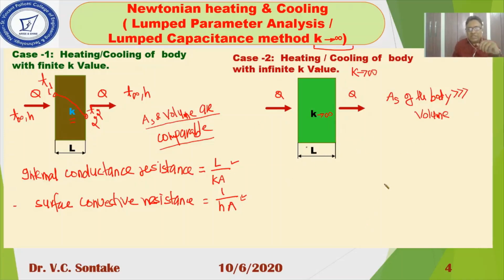Now under such conditions, what happens when the body has infinite thermal conductivity and its surface area is very large compared to its volume? The internal conductance resistance, which is L over Ka, with K almost infinity and the surface area very large compared to its volume, almost becomes equal to 0.